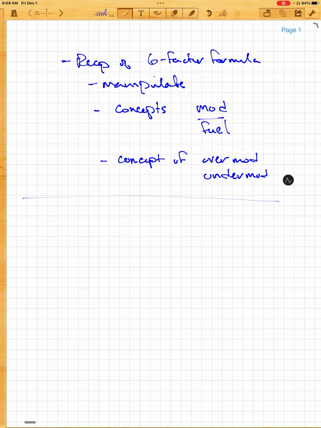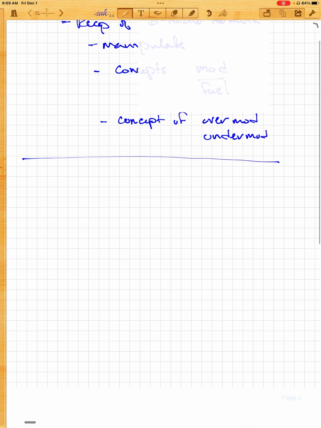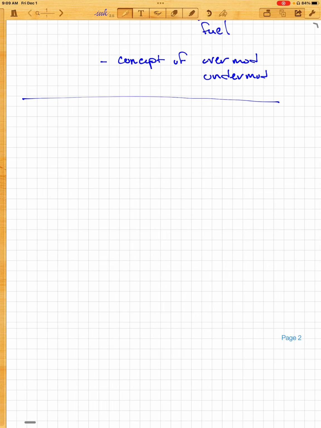The six-factor formula, which I think every nuke has learned in some way, shape, or form. There's various ways to remember it, but K effective. Remember, K effective is going to be equal to 1.0.